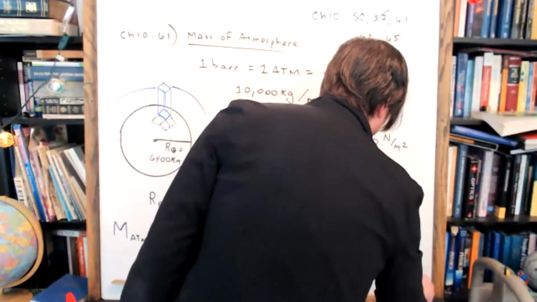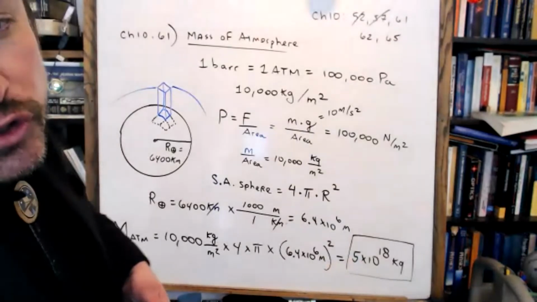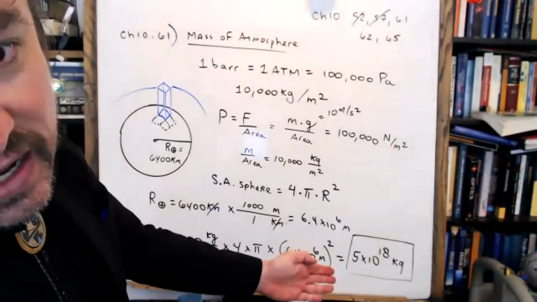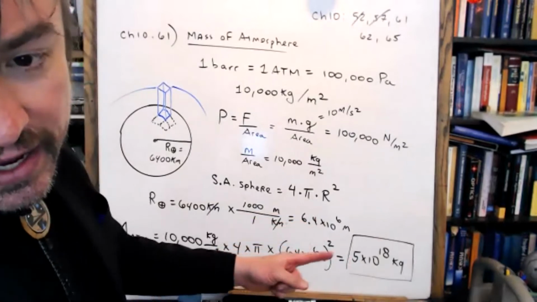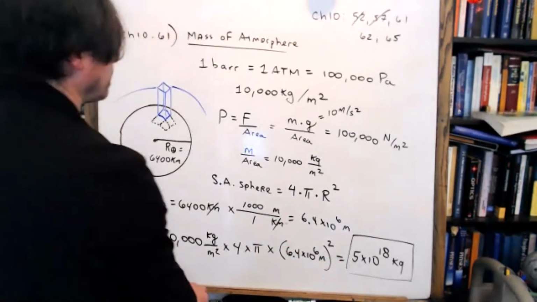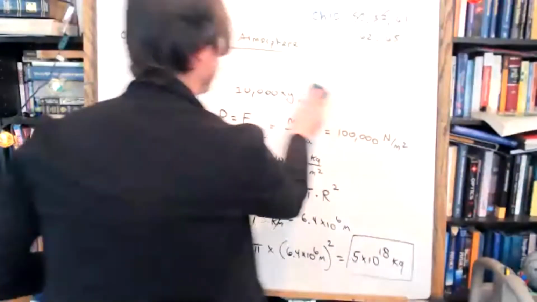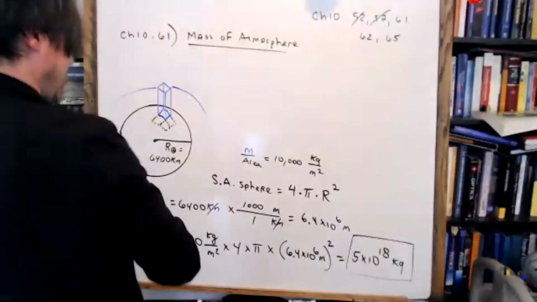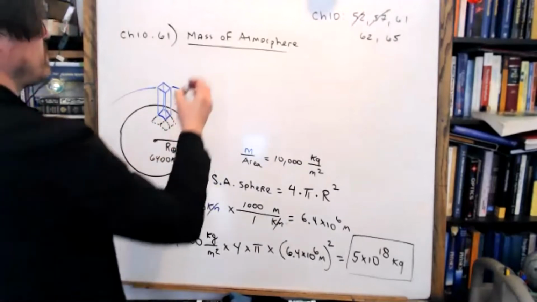Okay. Up to now, you could be forgiven for saying, I don't care about this problem. Why is this interesting? It's only interesting if you compare this to the mass of Earth. So I'm going to erase up here for a second. And now for the final thing that I'd like us to do, I don't think they asked us to do it, but I want you to do this.